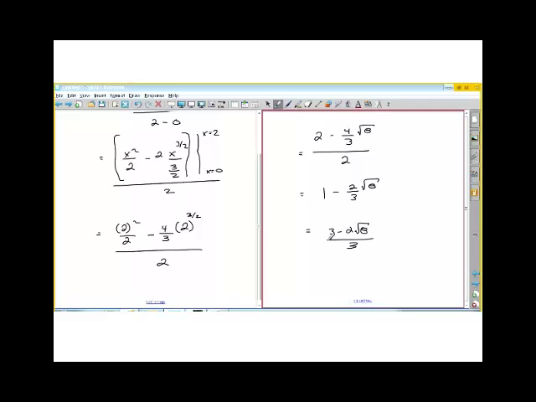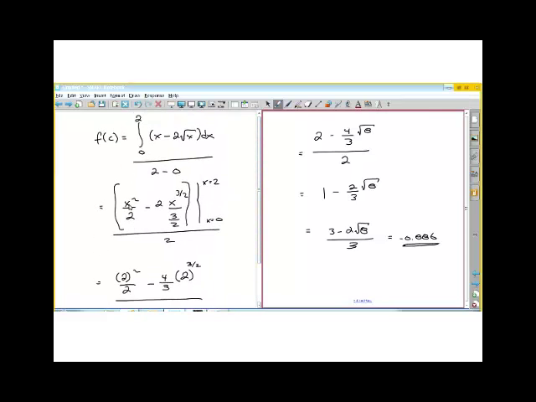So let's just do that: 3 minus 2 times the square root of 8, the whole thing divided by 3. That's negative 0.886. Okay, so that's the average value.